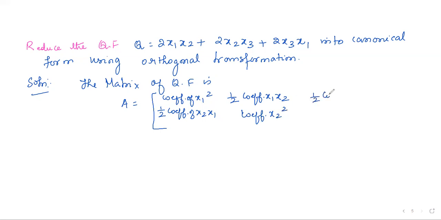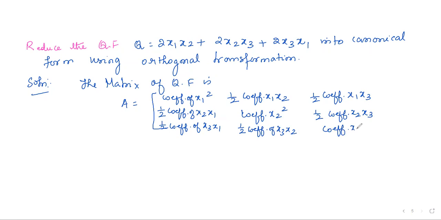Then 1 by 2 into coefficient of x1x3, so this is same as 1 by 2 into coefficient of x3x1, and this is 1 by 2 into coefficient of x2x3, whereas this is also same as coefficient of x3x2, and the diagonal is coefficient of x3 square.